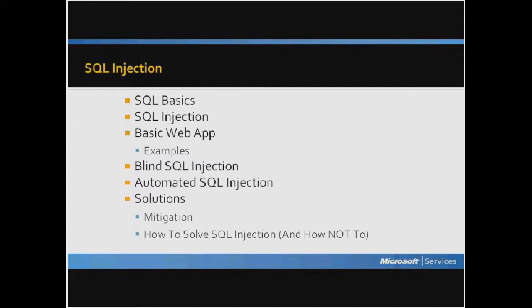And then we're going to do some examples of those things. Talk about some other approaches to SQL injection, including automated SQL injection, which is what we've seen as the primary threat in SQL injection over the last 3 or 4 years. And then at the end, I want to talk about how to solve SQL injection, especially how not to solve SQL injection.